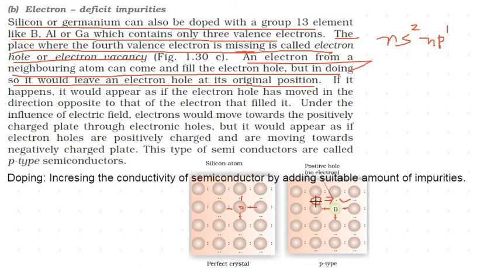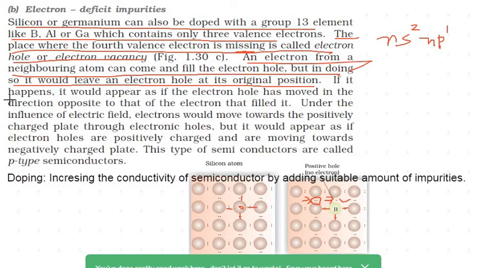So if another electron comes to this place, let's say among these 2 electrons, if one electron comes over here, then at this place the vacancy of the electron will be created. And if it happens, it would appear as if the electron hole has moved in the direction opposite to that of the electron that is filled.